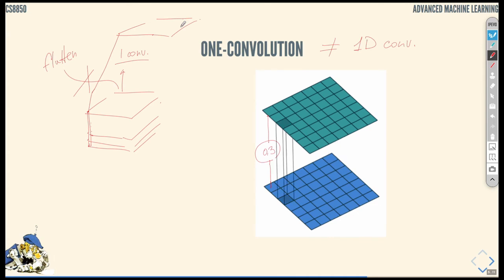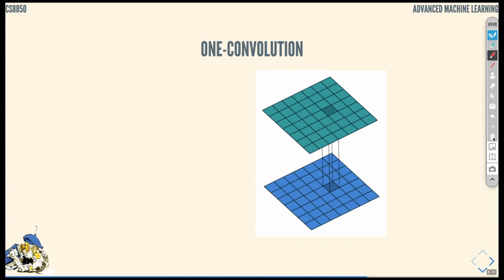In such a way, we could reduce dimensionality in a much smarter way than simply flattening this whole thing and learning with a feed-forward neural network.